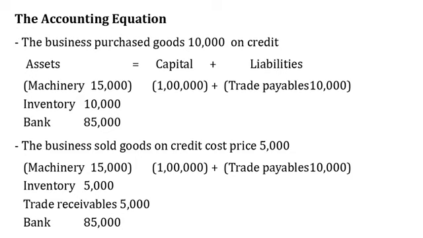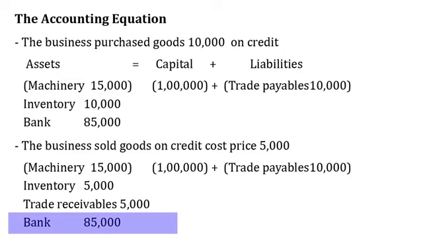So that particular credit customer is termed as trade receivable in accounting. So trade receivables are now 5,000. So machinery is 15,000. Inventory is reduced by 5,000, and since it is on credit basis, we are supposed to receive some money from the customer in future. That particular amount belongs to the business and therefore it is an asset for the business.